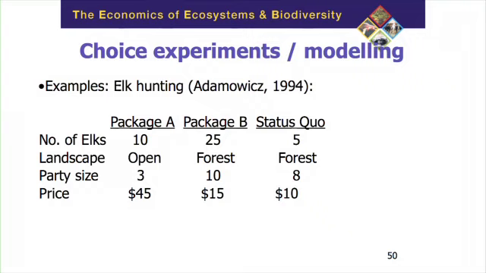Do I like this one? I see lots of elk, is that good? It's going to cost me 15 rather than 10. So, okay, it's a bigger party size, but I see elk, and that's good, so maybe I choose that one. So what you're doing is comparing the different attributes and trading them off against the different costs and seeing which is your preferred option.